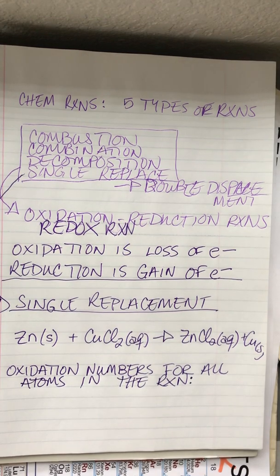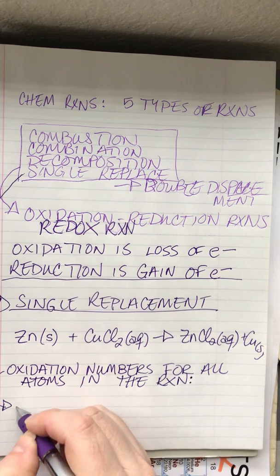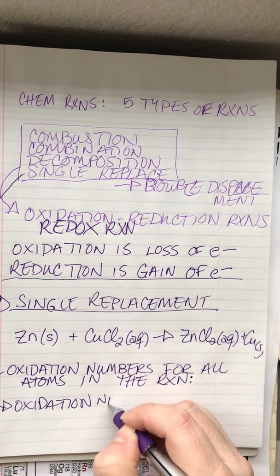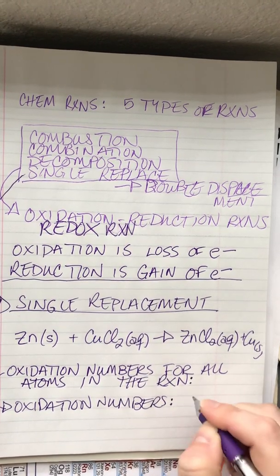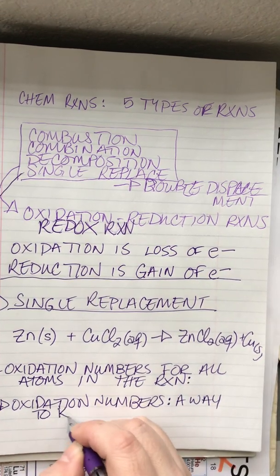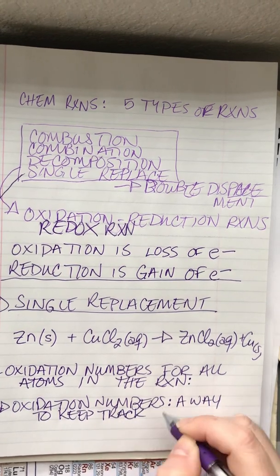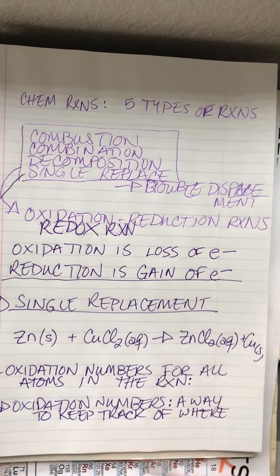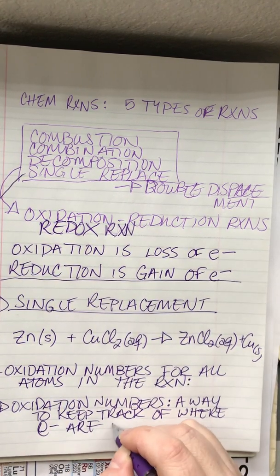Okay, so oxidation numbers are basically a way that we can keep track of where the electrons are and where they're going.